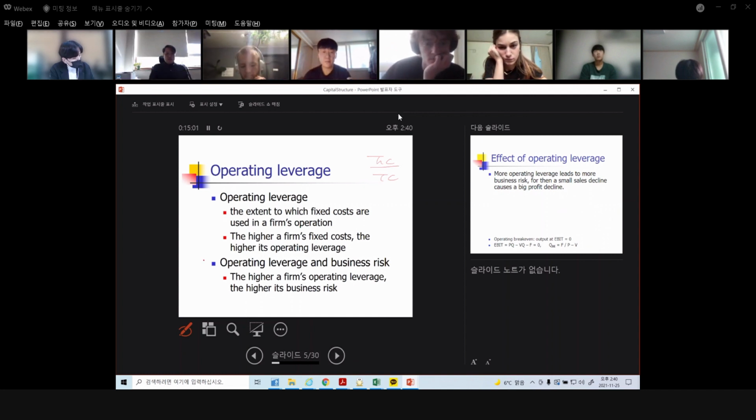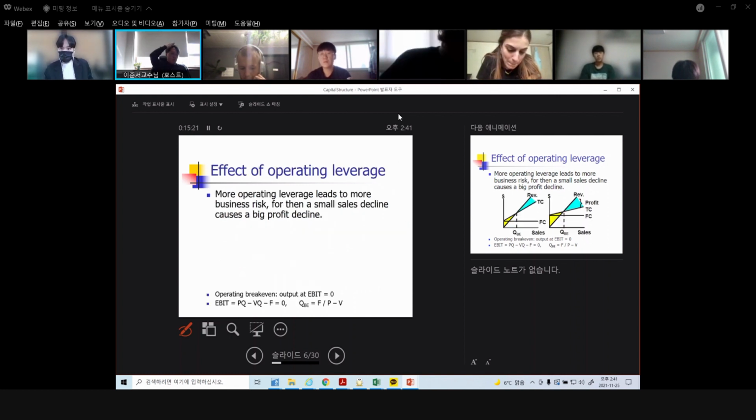So if you take a look at the relationship between operating leverage and business risk, the higher a firm's operating leverage, the higher is the business risk. If this ratio is increased, operating leverage is increased. If operating leverage is increased, then business risk is increased. Right? How come? Let's take a look at this graph.